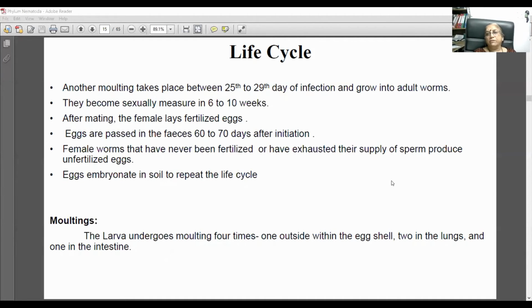The second molting will take place in the lungs on the 5th day of infection after reaching the lungs, and the 10th day. And last, that is the fourth molting, will take place on the 25th to 30th day of infection in the small intestine.